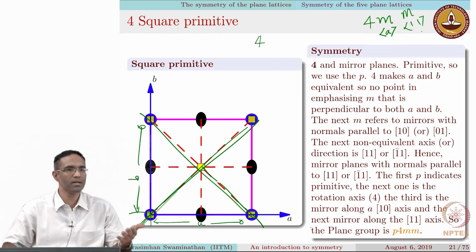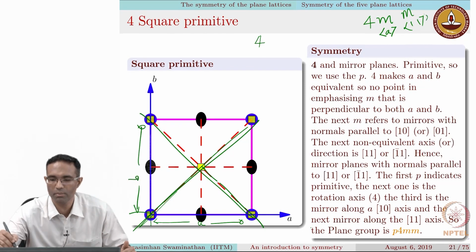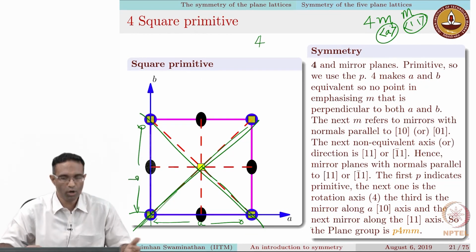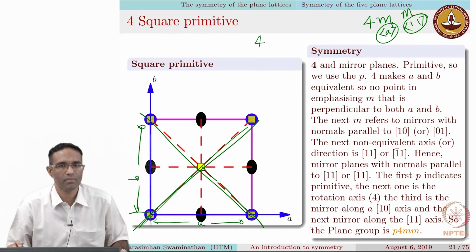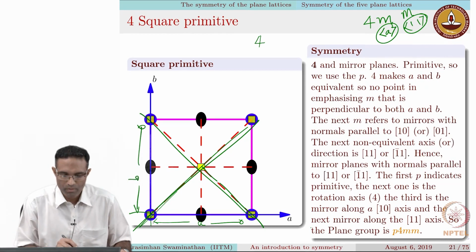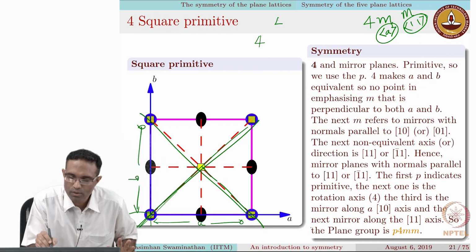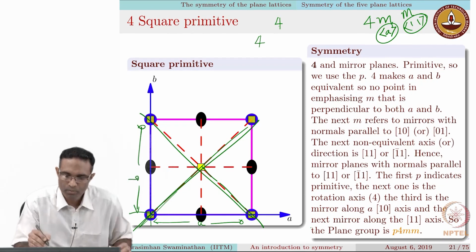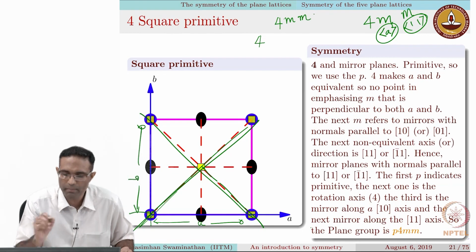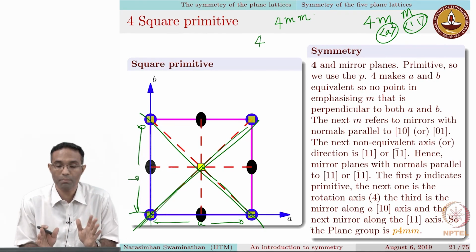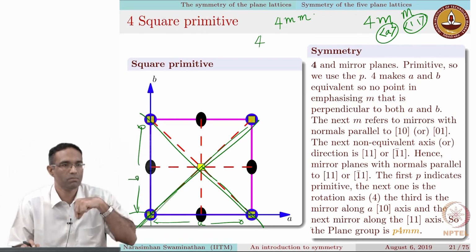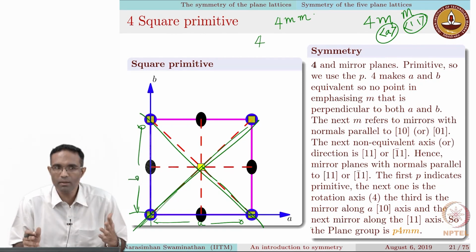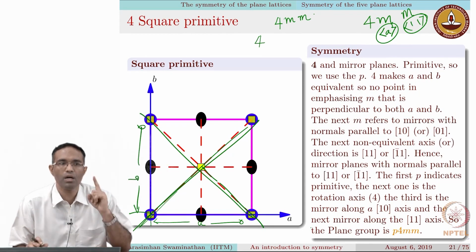If you have studied your basic material science and engineering, you might be comfortable with symbols such as these. If not, please refer to some basic material science book and you will follow what these directions mean. So when you look at 4, m and another m in a plane lattice, you will automatically be convinced that the unit cell to use is a square. When you see 2 m and m, you will be convinced that the unit cell to use is a rectangle.